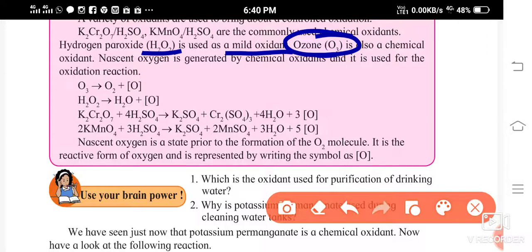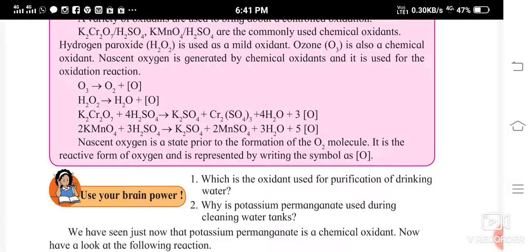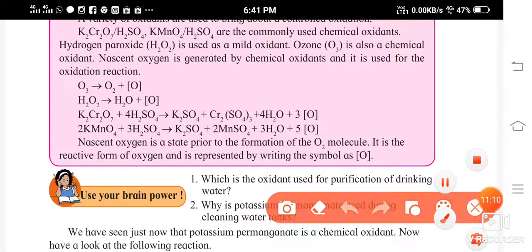Nascent oxygen is generated by chemical oxidants and it is used for the oxidation reaction. You know oxygen always exists in the form of O2. If it exists in the form of just O, then we write it in brackets, and it is called nascent oxygen.